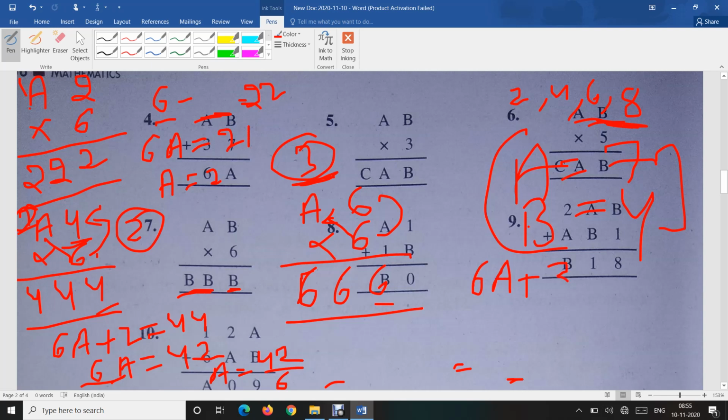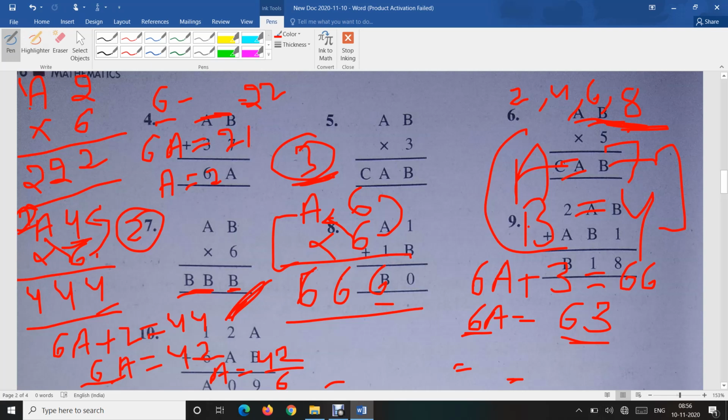Then 6A plus 3 should be equal to 66. Then 6A is equal to 66 minus 3, which is 63. It will never divide, so it cannot be the solution. Okay, after that you should also try for 8. The condition which satisfies is the value for your question.